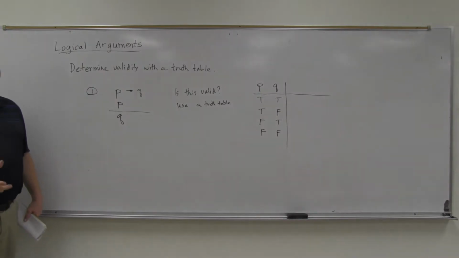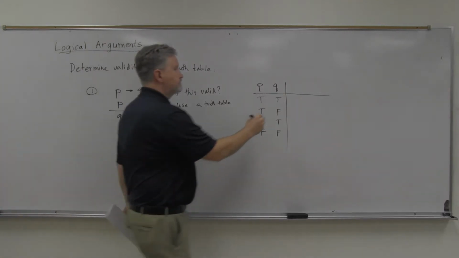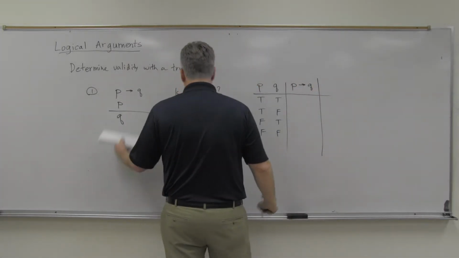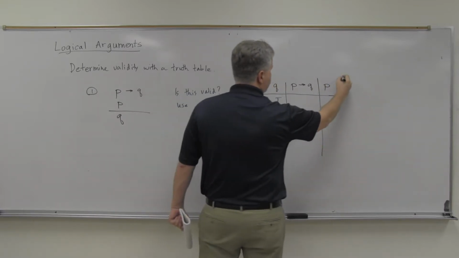Now we're going to apply that truth table, if you will, for each premise and the conclusion. So I'm going to do P arrow Q. Then I'm going to do the second premise, P. I'm going to do a separate column for it.